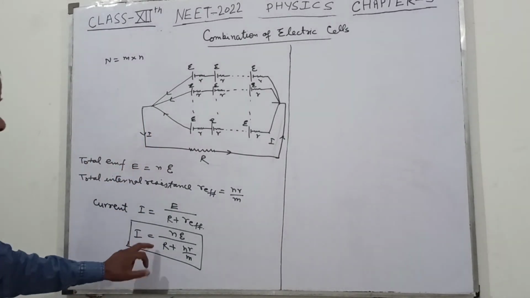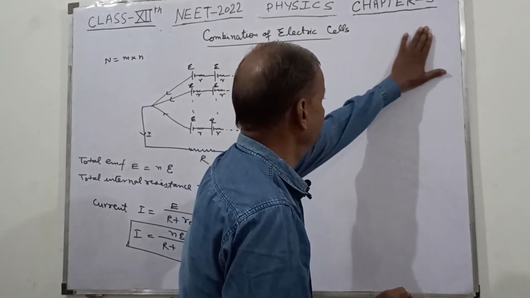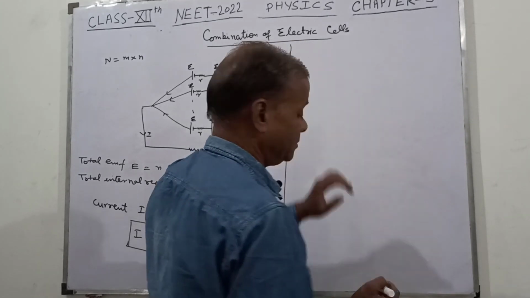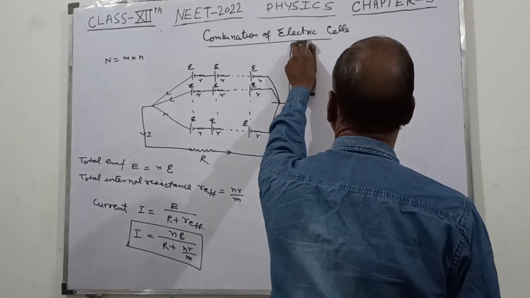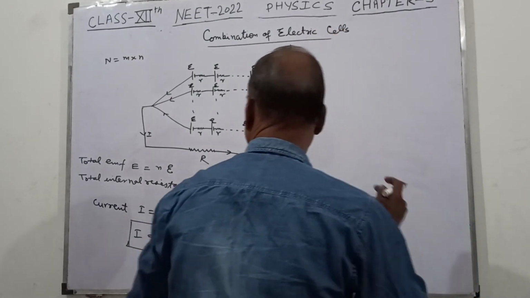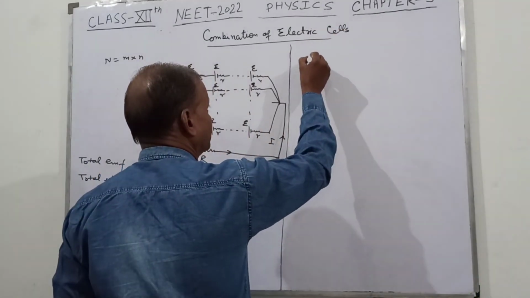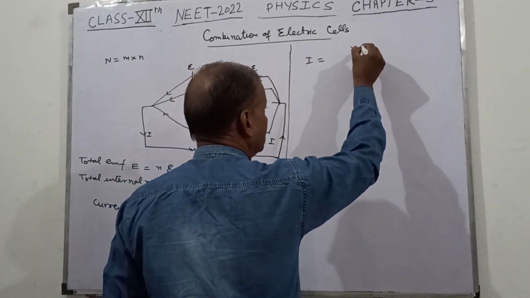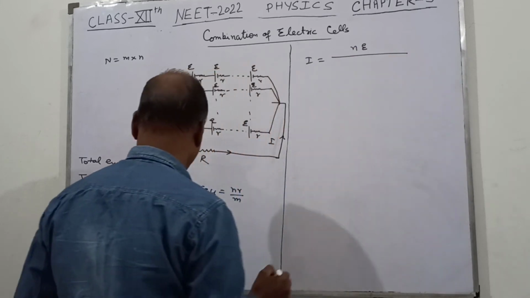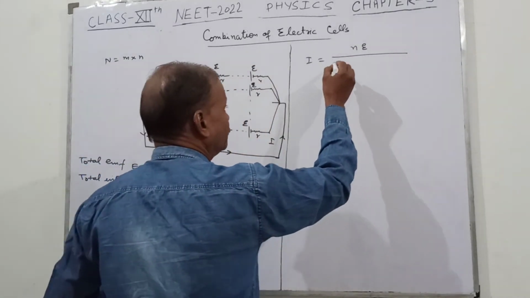Now this I can be written as equal to nE upon, now we can write this one in what way?